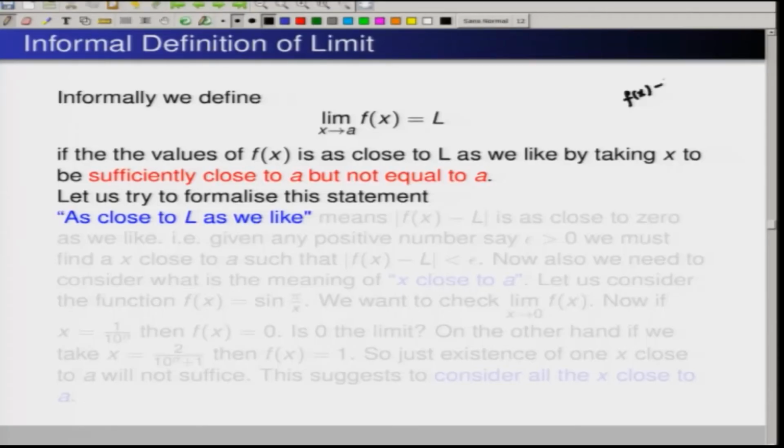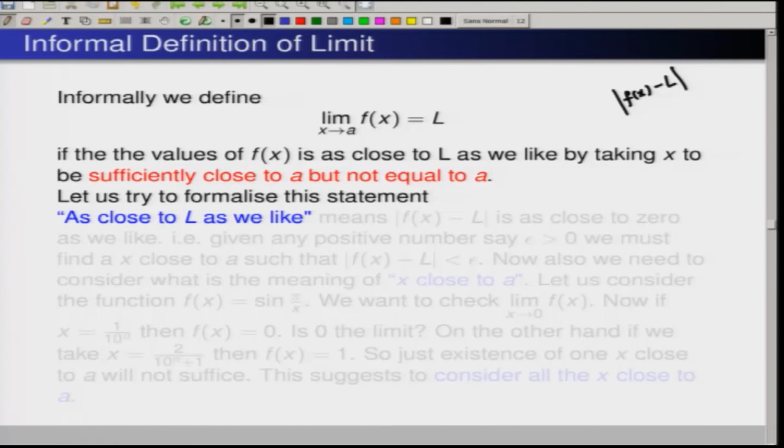So, what does this statement mean? First, let us try to understand "as close to L as we like." What is the meaning of "as we like"? That means the difference between f of x and L has to be very small. Whatever small we want, we can make it that small. If I take the modulus of this, it is going to be a non-negative number.